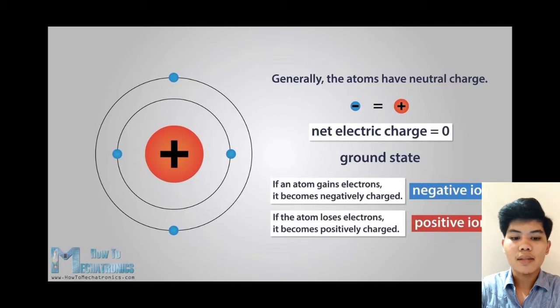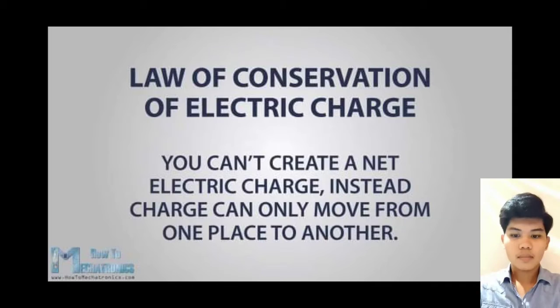If an atom gains electrons, it becomes negatively charged, and conversely, if the atom loses electrons, it becomes positively charged. A charged atom is called a positive or negative ion. This leads us to the law of conservation of electric charge, which says that you cannot create a net electric charge. Instead, charge can only move from one place to another.